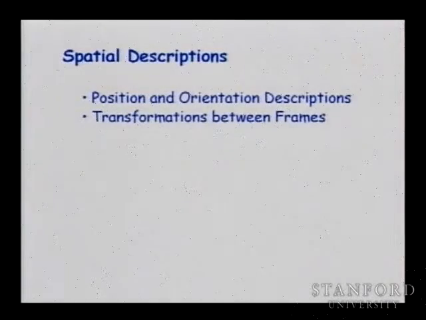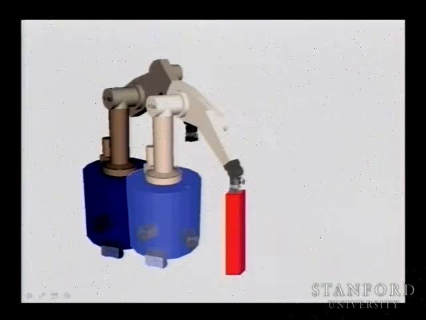So to control the robot, first you need to find the position and orientation of the mechanism itself. That requires us to find descriptions of position and orientation of objects in space. Then we need to deal with the transformation between frames attached to these different objects. Because to know where this end effector is, if you know the position of those different objects, you need to know how to transform those descriptions to finally find the position of your end effector.